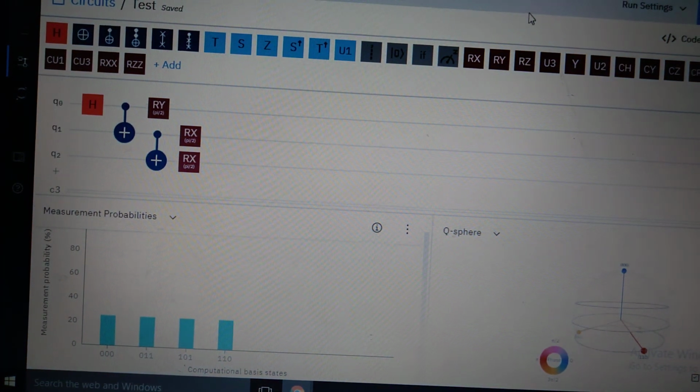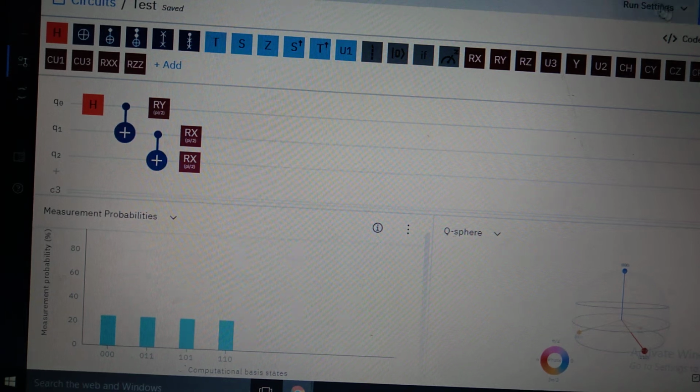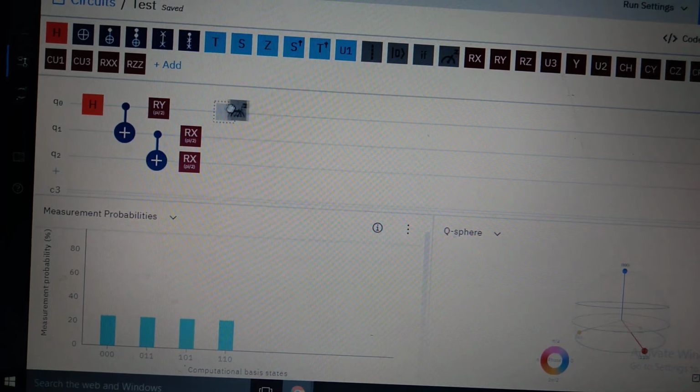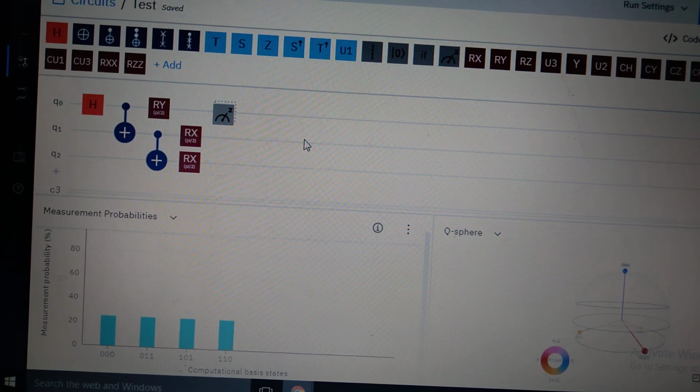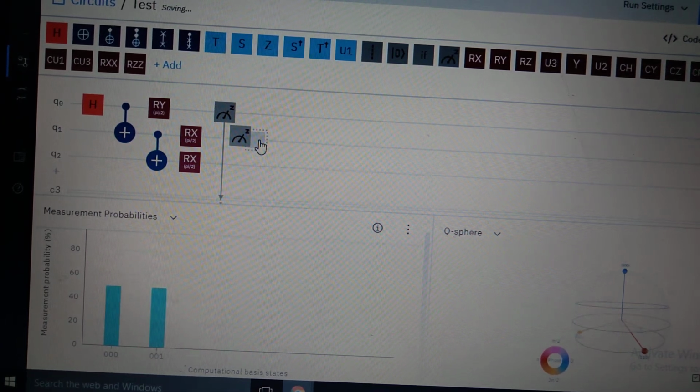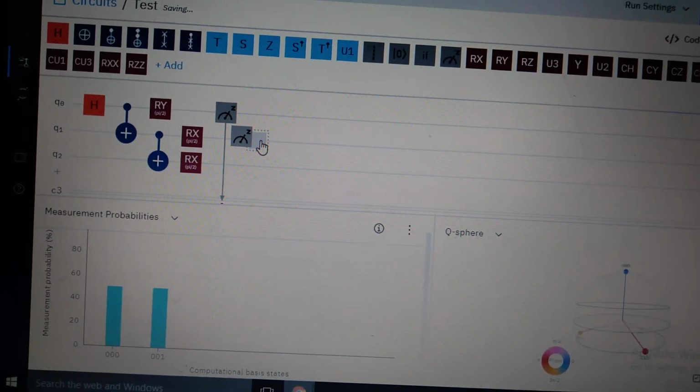All right, let me see if I can actually run it. Well, let's do a measurement. Okay, so let's see if I can actually run the results just to show you how to run results. Let me see if it takes too long. Well, then I'll move on to another one.